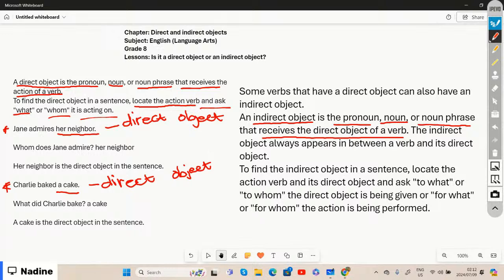Some of the verbs that have a direct object can also have an indirect object. An indirect object is the pronoun or the noun phrase that receives the direct object of the verb.